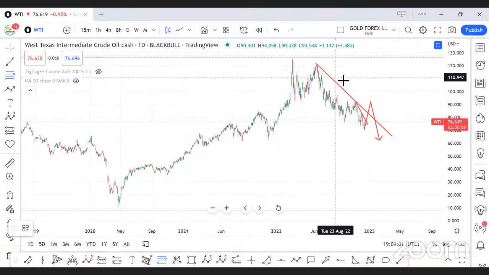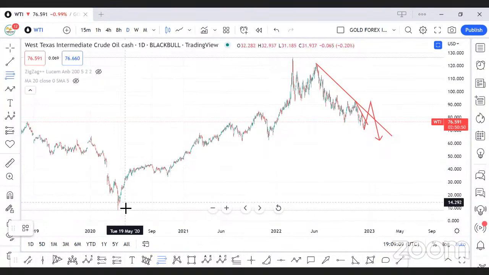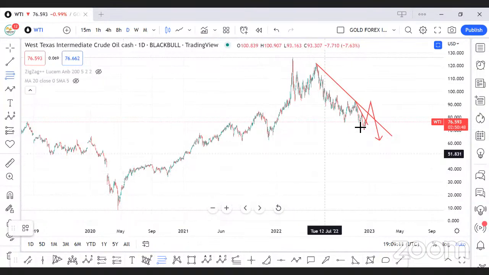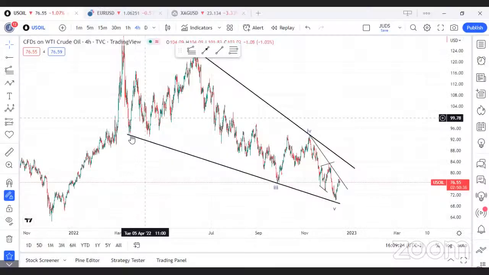You see the very first down of the reversal from the top. Okay, share your screen. Okay.